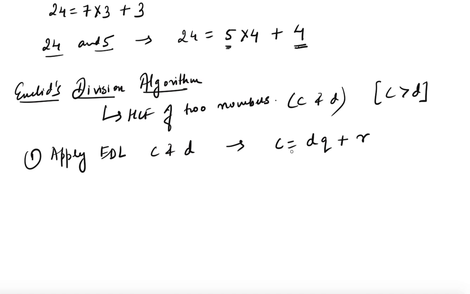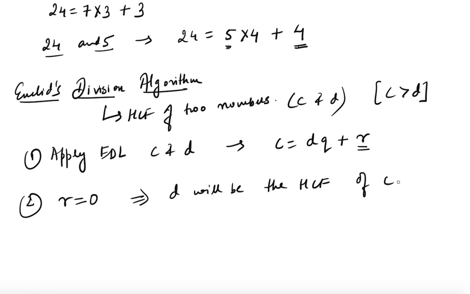Second thing, if r is equal to 0 in this condition, this implies D will be the HCF of C and D. Third thing, if r is not equal to 0, then what you have to do?